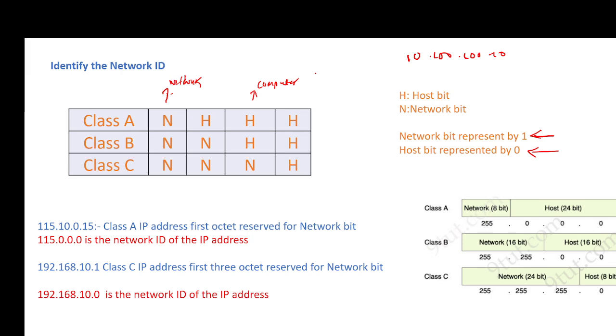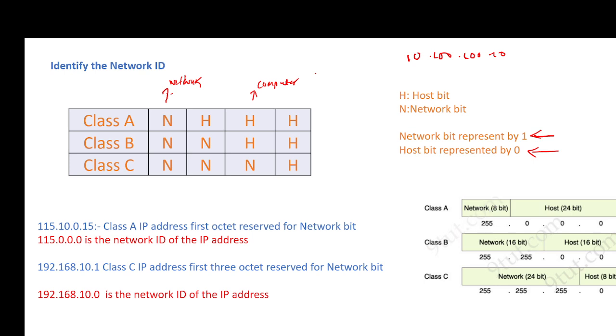That means you have 2 networks, but more engineers, meaning more laptops and more computers. Can you please tell me, if that is the case, which class of IP address would you opt for? You need more users, I mean computers, but fewer networks. Can somebody tell me which class you would ideally pick in this scenario?